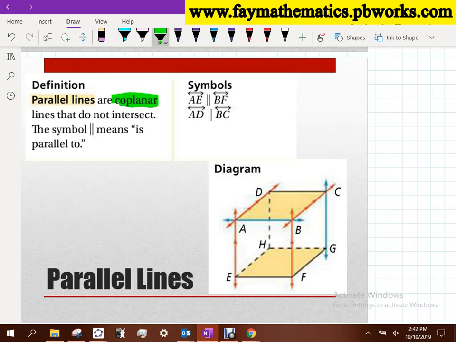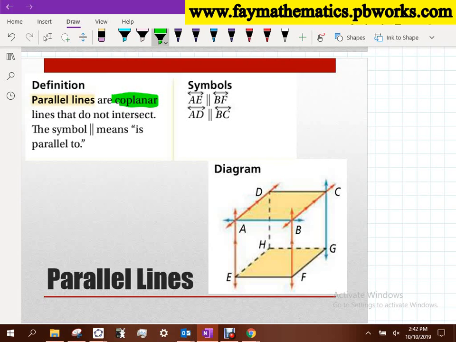So they took that out. If I take that out and I read this, parallel lines are lines that do not intersect, you would probably agree that that's the way you've learned what parallel lines are, right? Not a new definition, but we're going to add in that term that they have to be coplanar.